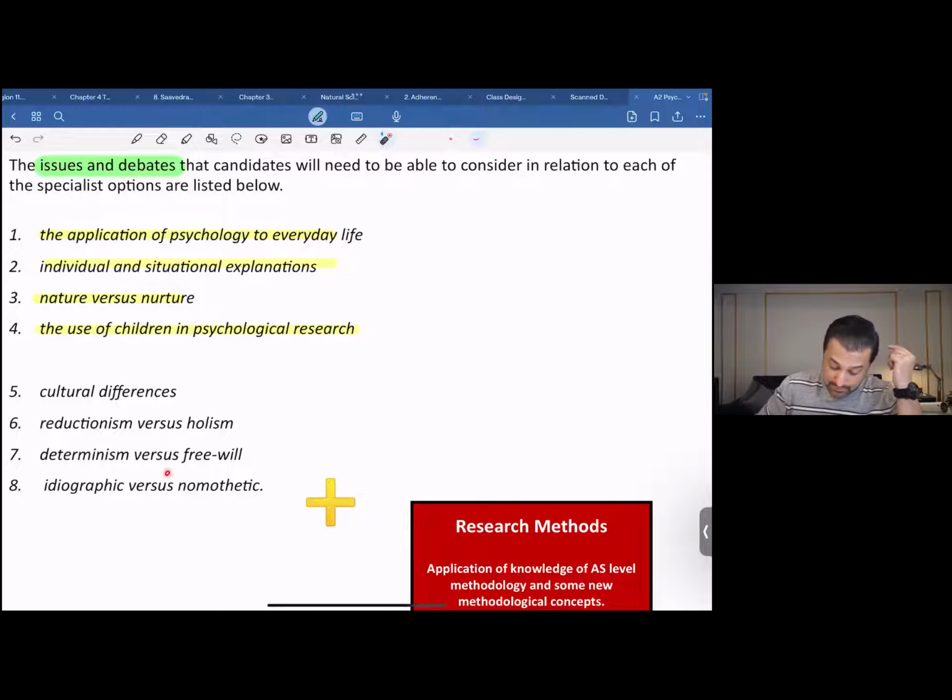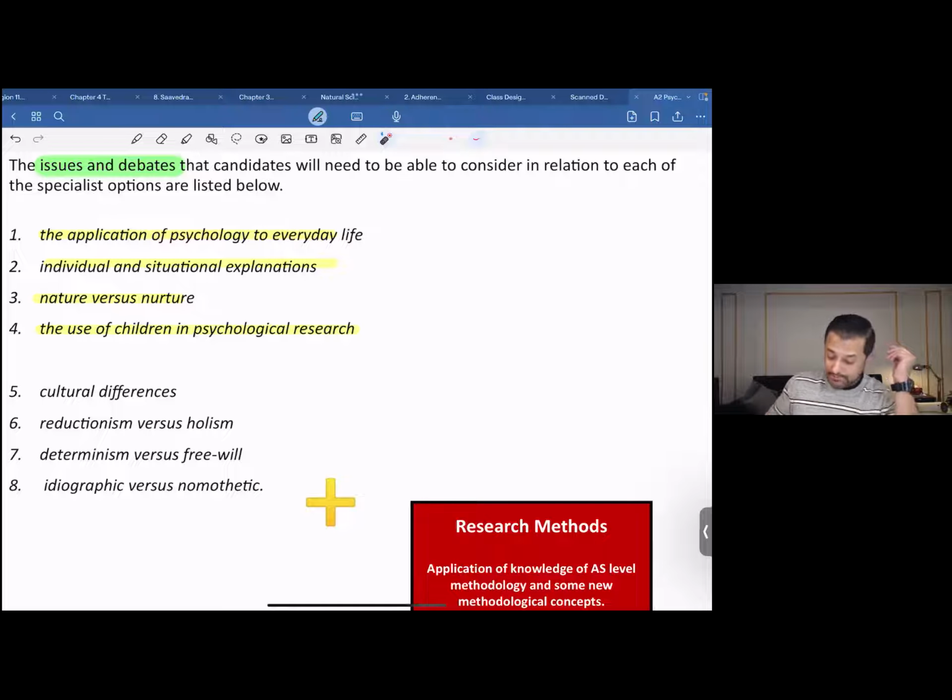We use the term nomothetic approach when research is conducted so that psychological findings ought to be applicable to the wider population. Of course, this is a very simple way in which I'm explaining it, just so that you have a basic idea of what this is.